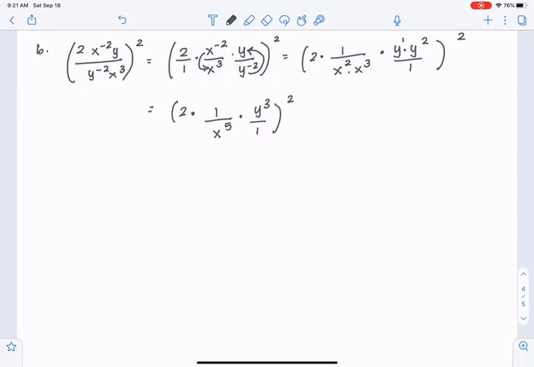So inside the parentheses, we have 2y cubed divided by x raised 5, the entire thing squared. Now we can apply the power that is outside. So 2y cubed raised 2 divided by x raised 5 raised to the power of 2.